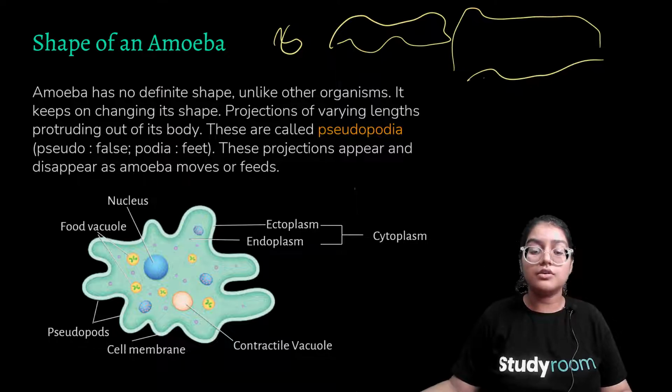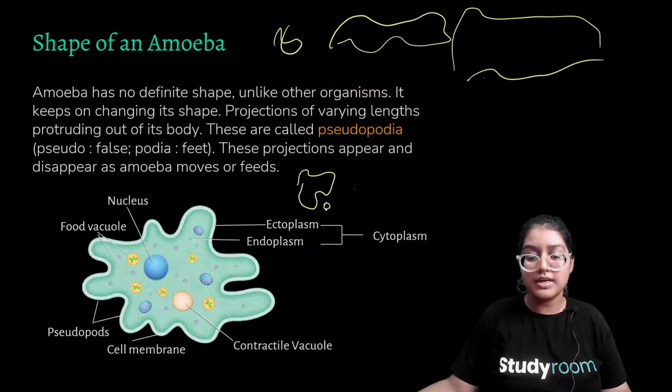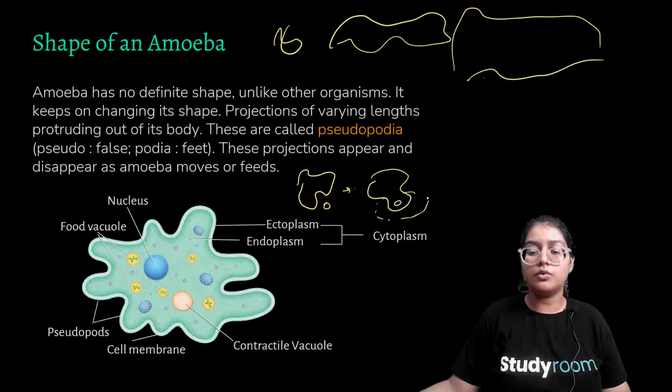When amoeba has to eat food, for example it has to digest this particular particle, it grasps this particle with the help of this outgrowth. This protruding structure is called pseudopodia. So pseudopodia helps in moving and feeding.